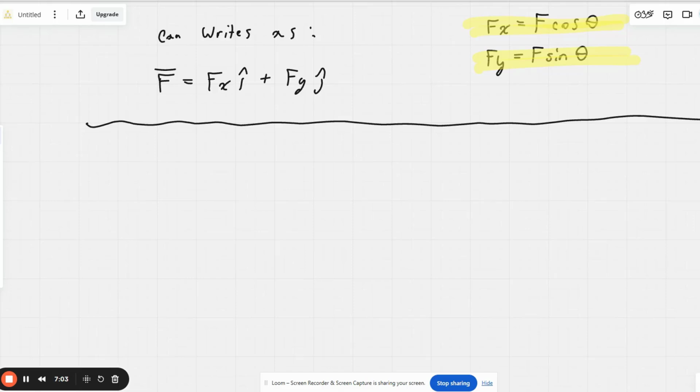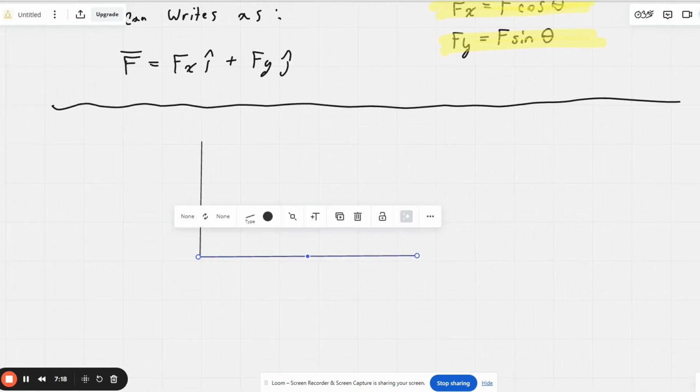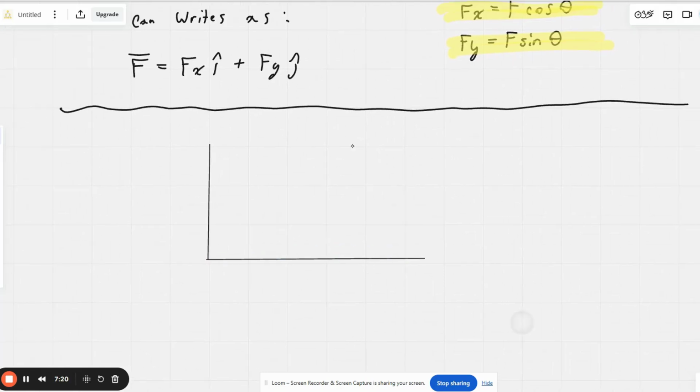So let's say we have some xy graph. Let's call this our x, and let's call this our y, respectively. Let's say we have some vector here.